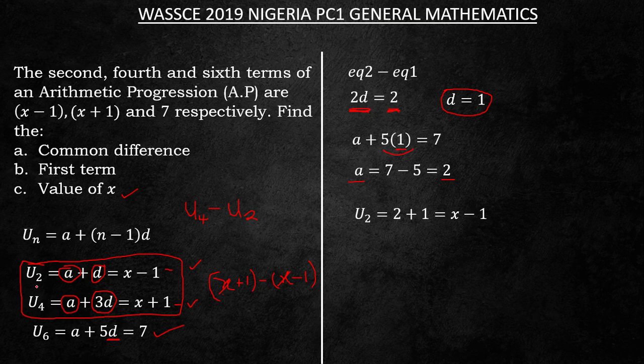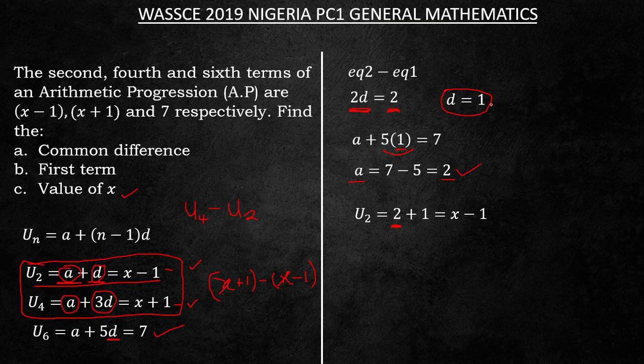Now, if we take the second term over here, you can see that we have a plus d is equal to x minus 1. So now we have gotten the a to be 2. So we put 2 in place of the a over there. So the a is 2, which is this, right? So instead of writing this a, I am writing 2. Then the d is 1.